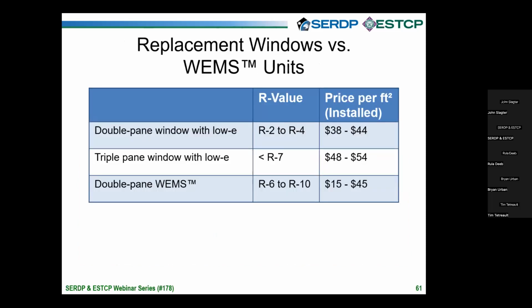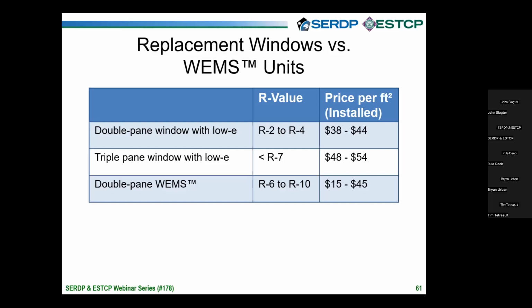So comparing performance of replacement windows with secondary windows like our WEMS units, you can see that a double pane WEMS unit installed in front of a single pane glass window has about the same performance as a triple pane window with low E coatings, and that makes sense. Window physics being what it is, if you have 3 panes of window, you're going to get a certain level of performance.